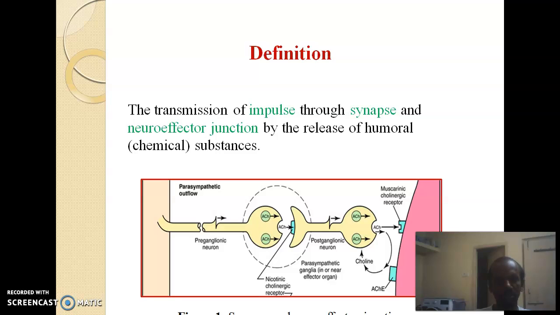So in short, it is the transmission of impulses via synapse and neuroeffector junctions with the help of neurotransmitters. The diagram present in the slide depicts how the neurotransmitters help in the transmission of impulses across the synapse and neuroeffector junctions. So by this diagram, we can visualize how the impulses are transmitted through the gaps called synapse and neuroeffector junctions.